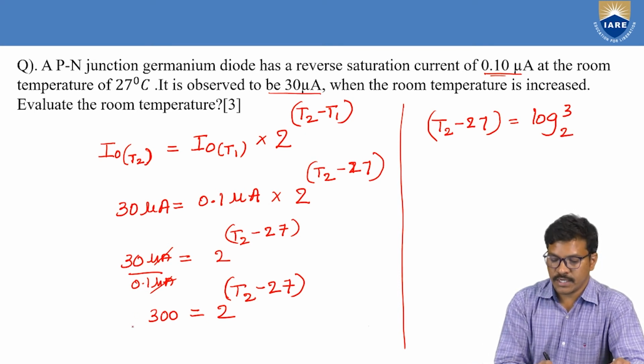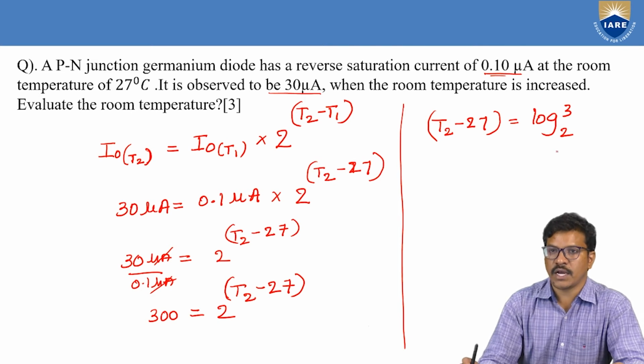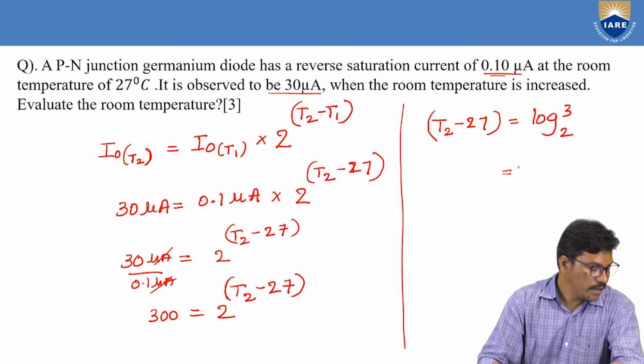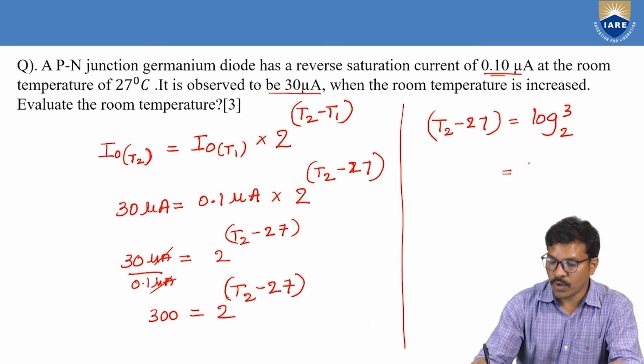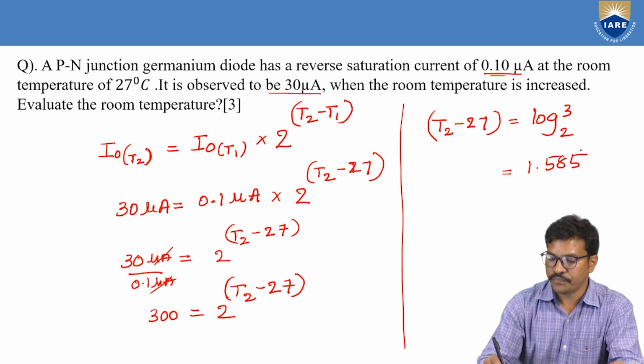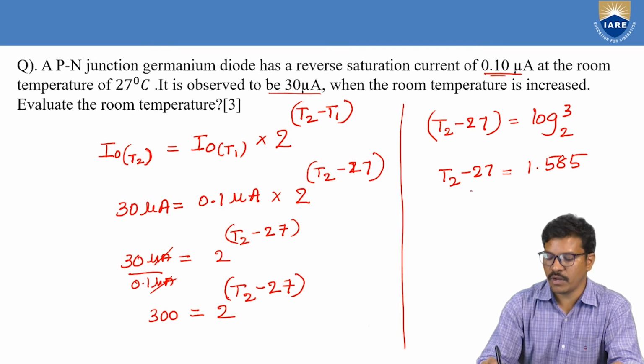When we apply log base 2 on both sides, log base 2 and 2 cancel, then you will get T2 minus 27 on the left side, which is equal to log 3 base 2. We know that log 3 base 2 is equal to 1.585. T2 minus 27 is equal to 1.585.